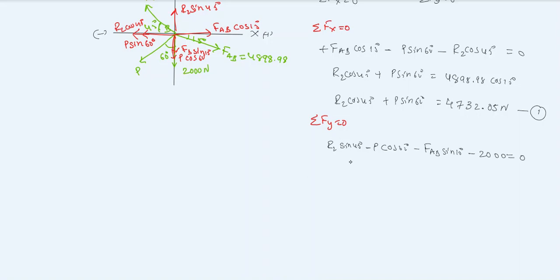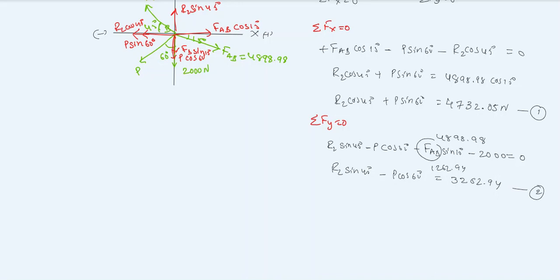You can write this equation as R2 sin 45 minus P cos 60 is equal to, with FAB equal to 4898.98, if you substitute and calculate, 3262.94. This is equation number 2.